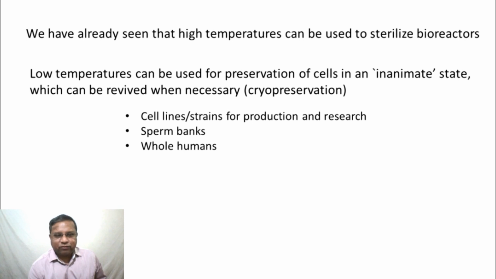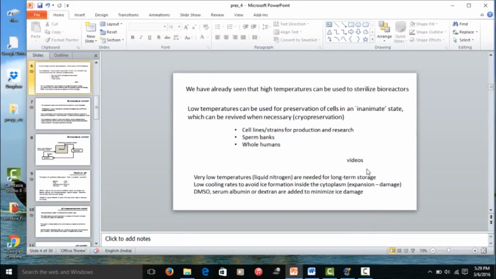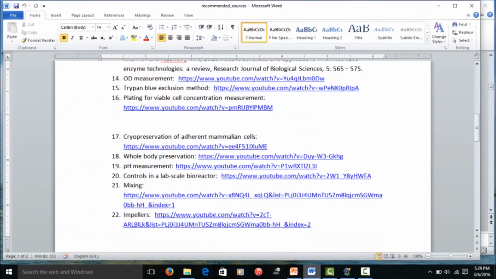In fact, I am going to give you some videos. Let me tell you what videos they are. Number 17 here in your file, cryopreservation of adherent mammalian cells. This is a nice video to look at how to maintain or cryopreserve mammalian cells that are used for research, production, and so on.